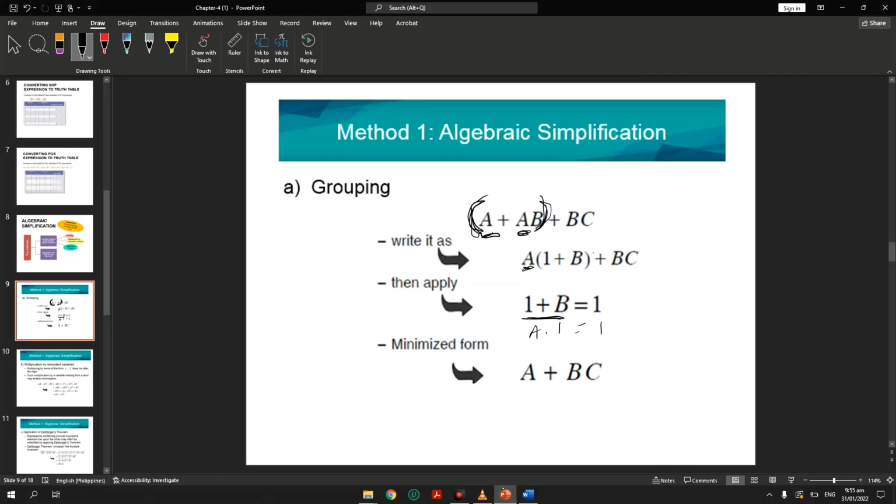So A times 1 is just equal to A. Therefore, the minimized form is A plus BC. So the simplified form of A plus AB plus BC is equal to A plus BC. That is our simplified form.